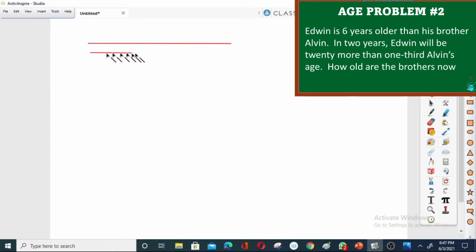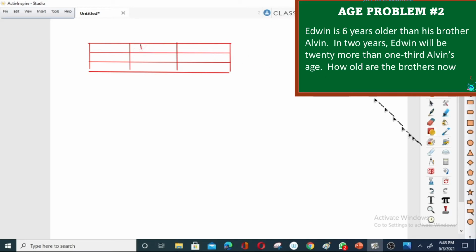So we will draw the name of the person and their present age, and we'll fill in whether it is past or future later on.